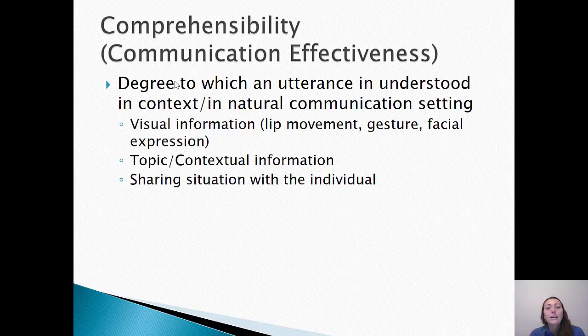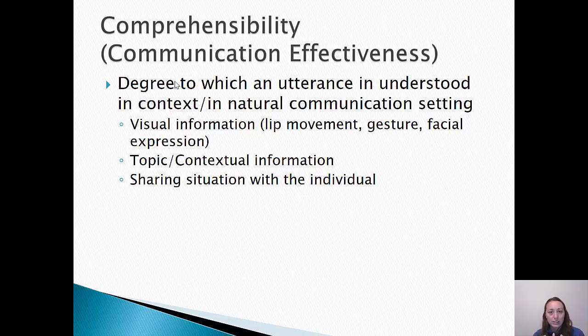Comprehensibility now is communication effectiveness. So the degree to which an utterance is understood given all of the normal communication context. So when we're communicating in the real world, unless we're on the phone, well, who uses a phone anymore for phone calls? But in general, what are all of those other overlaid principles or supports that help with getting that message across?